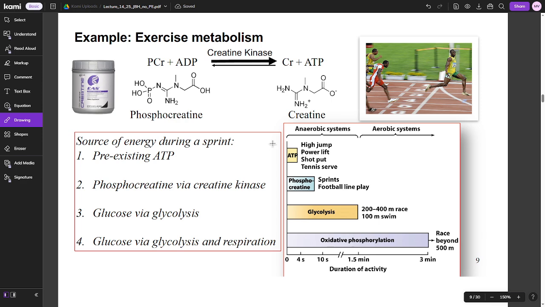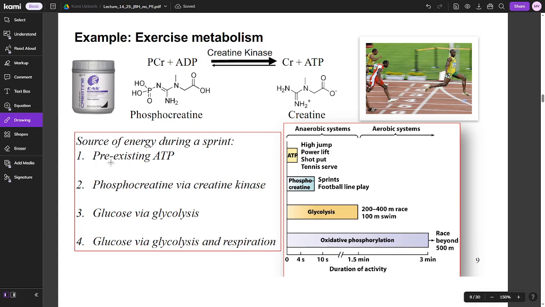So yeah, this is an interesting one. It's basically showing you, as the duration of activity goes on, what's the highest activity used to create energy, right?